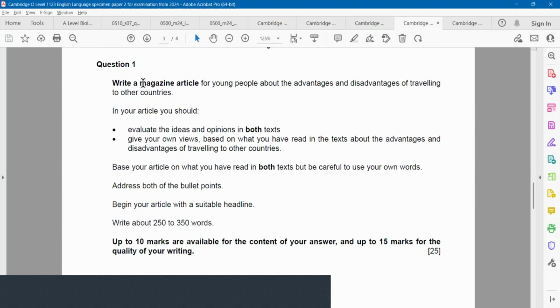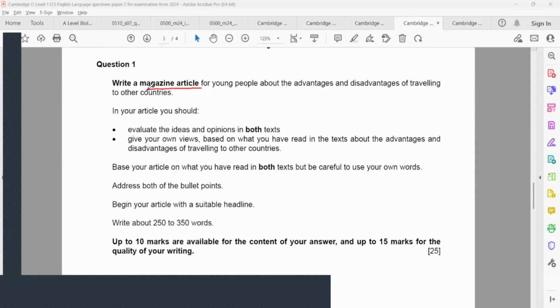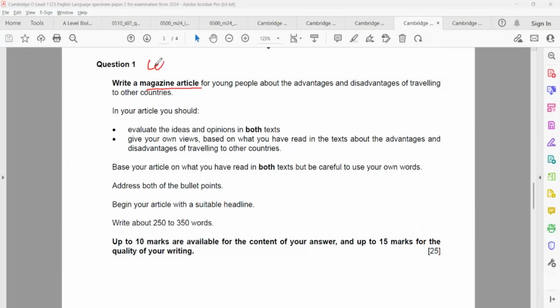And the question is a magazine article. As I mentioned, there are a number of different tasks that can be given to you. You have the magazine article, letters and emails, which can be both formal and informal, so that is something you have to figure out.